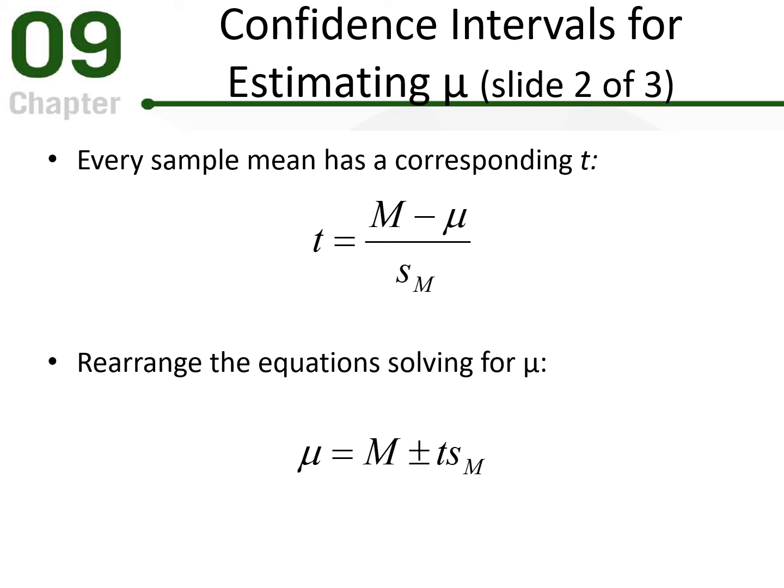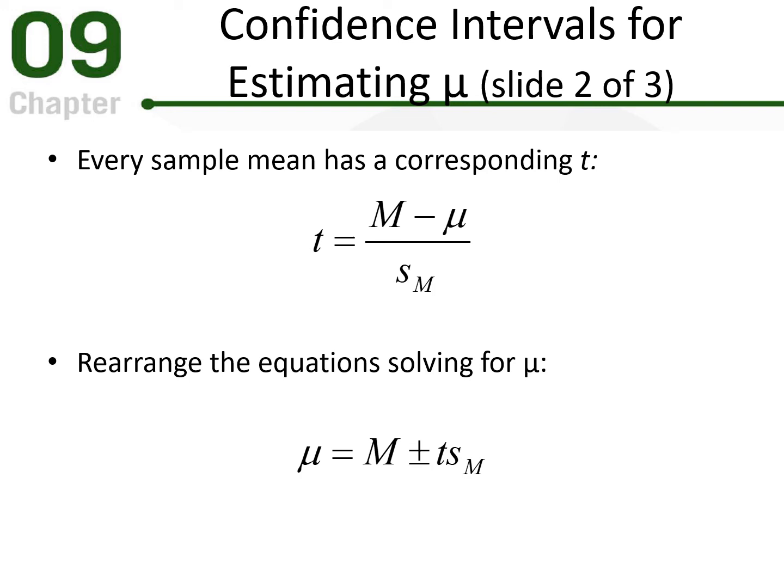So here's the t formula. t equals the sample mean minus mu, the population mean, divided by the estimated standard error of the mean. But if I want to solve for mu, I can just multiply out and subtract the mean, right? So I can rearrange this equation for mu, and mu will be equal to the mean of the sample plus or minus t, your t value, times the estimated standard error of the mean.